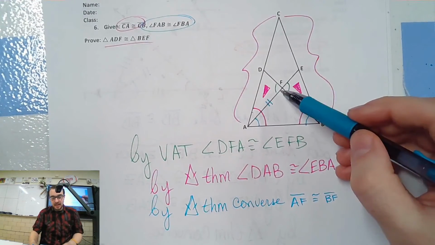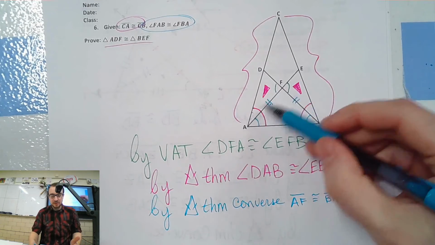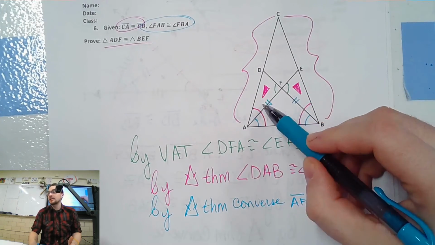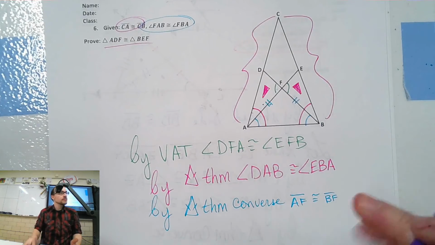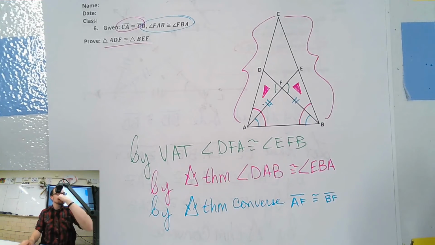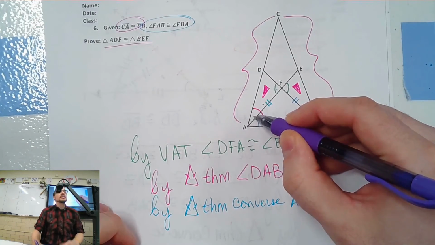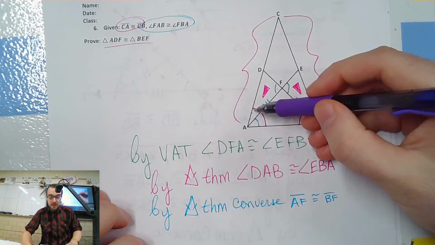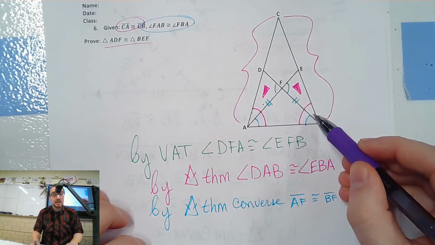Guys, all we have is angle and a side right now. We need to get some more information. What more information can we get about these triangles? This pink angle does not apply to that triangle, so we can't do angle side angle yet. Oh, okay, this thing again. Angle addition, right? Pink minus blue gets me this. Guys, make sure you're seeing this. Pink minus blue gets me that, right? Well, over here, isn't pink minus blue going to get me that too?